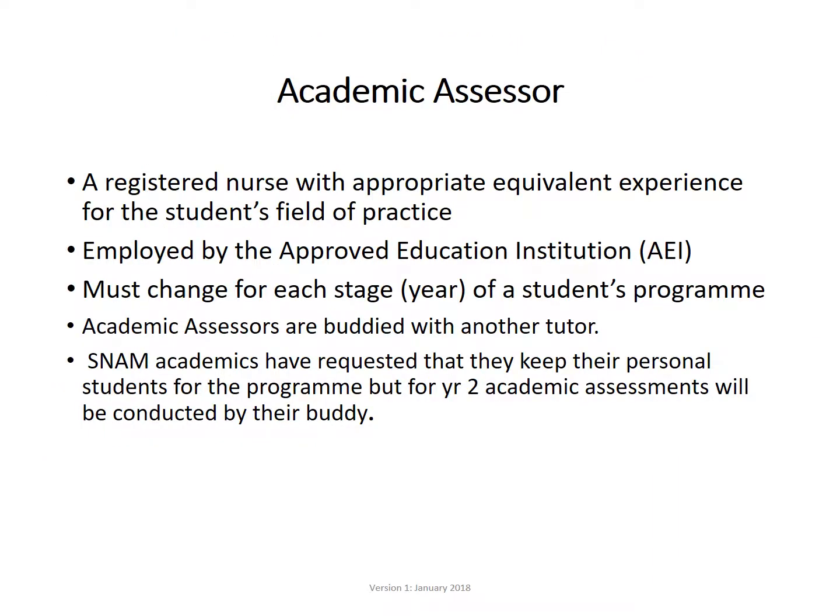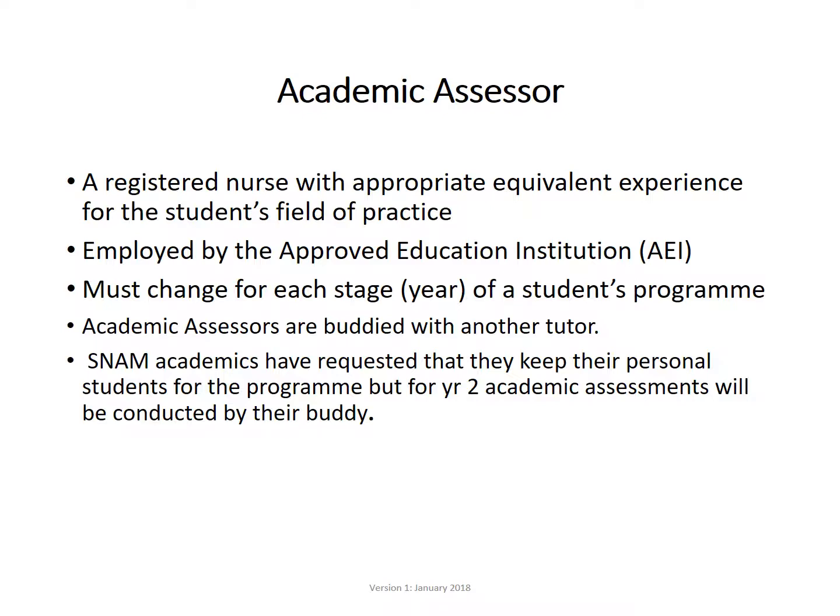So, as an academic assessor, you're a registered nurse with appropriate equivalent experience for the student's field of practice. You're our employees, yes, and what the NMC requires is the student to have a different academic assessor for each stage of each year of the student's programme.